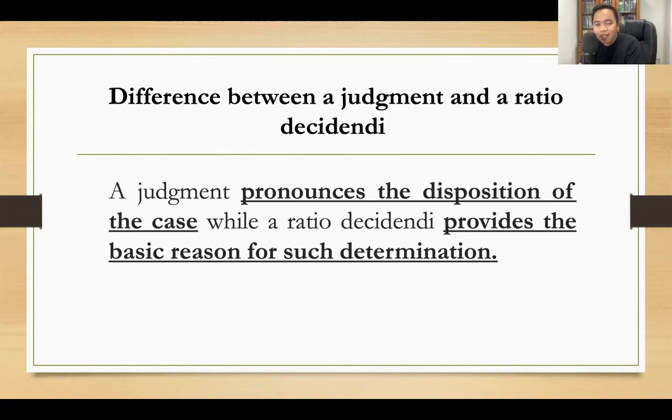A ratio decidendi, class, does not resolve the fact in issue. It merely provides for some opinion made by the court. It does not directly resolve the case. What directly resolves the case is the judgment.